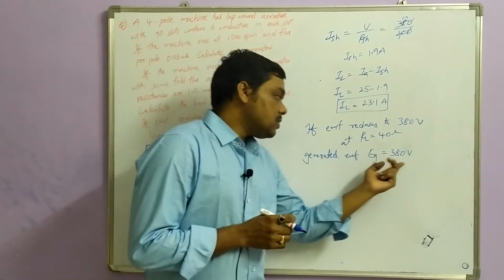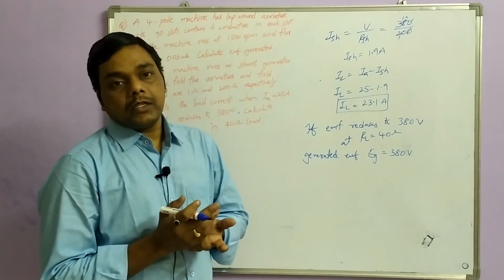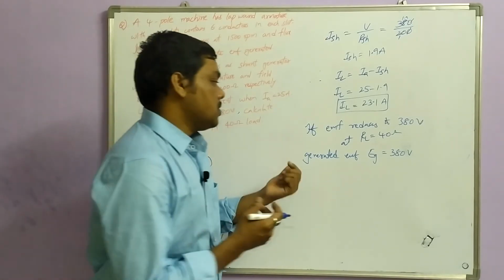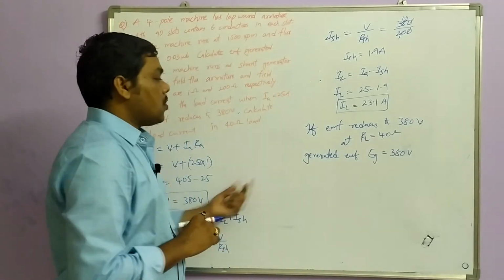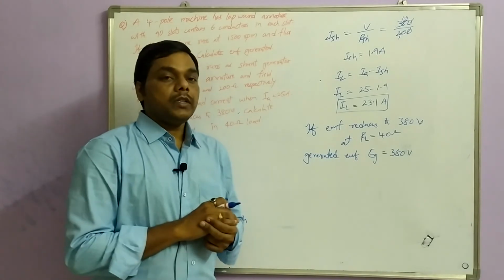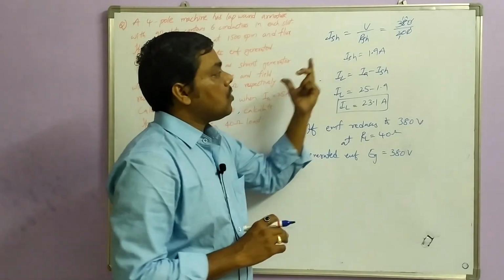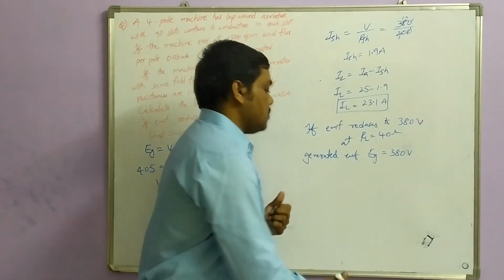Now if EG is equal to 380 volts, what is the new voltage and what will be the new load current? Okay, so if EG is equal to 380 volts, what is the value of new voltage? We can also determine that, and we can also take out direct load current calculation for this. Now how it will see?